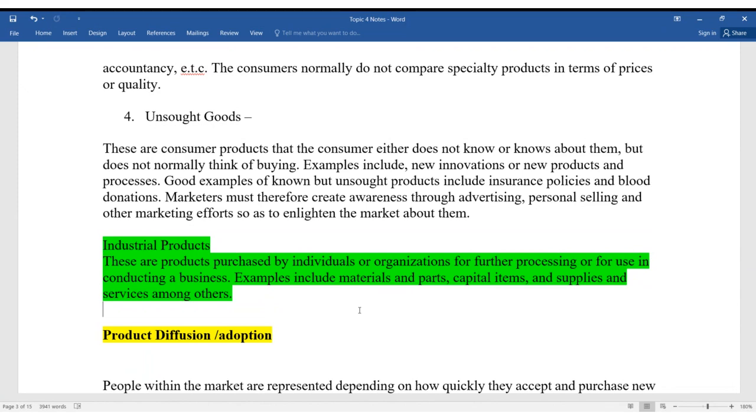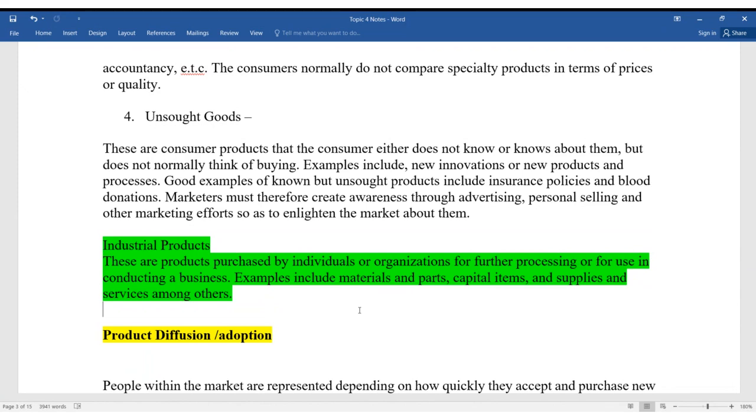There are industrial services that we can buy in bulk. For example, cleaning services. Today, organizations are procuring certain services, which is called outsourcing. Instead of employing people to do that work, you outsource that service. For example, cleaning services.